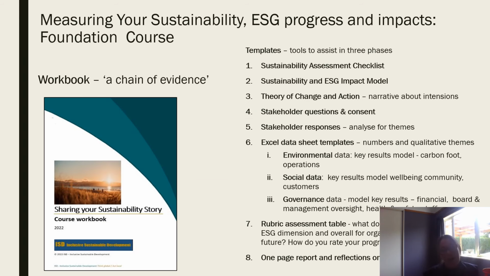So to do that, I've put together a workbook, and you get different templates as you go through the course, which you can download from the online platform, so that you can make your impact model. You can ask stakeholders questions. You can record the data. You can talk about what does good look like, and then have a one-page report.